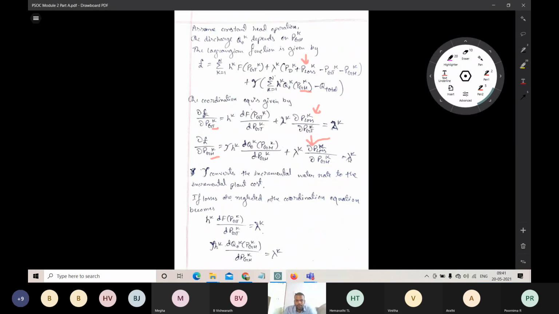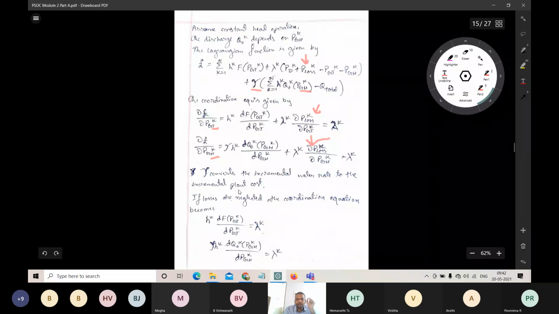So here the gamma converts the incremental water rate to the incremental plant cost. This is the constant that converts the incremental water rate into the incremental plant cost. What it means is that the only thing is the water rate.